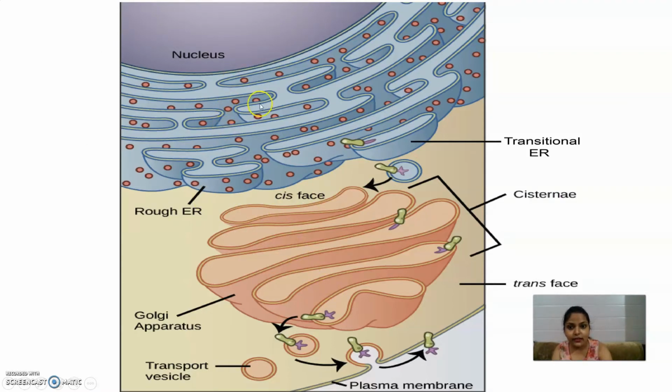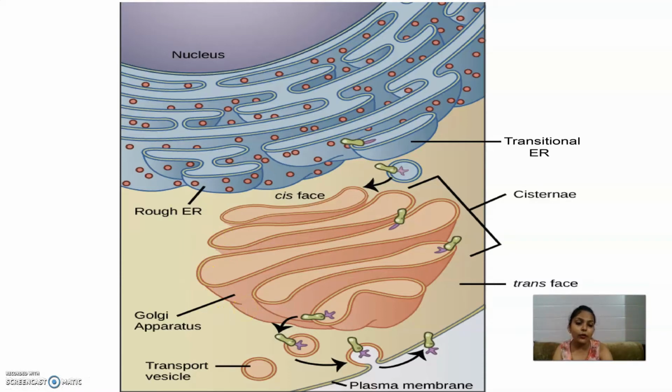In this diagram, you can see this rough endoplasmic reticulum is having the ribosomes attached to its surface. It is composed of the tubules, vesicles, and certain converted parts. Here are these COPII vesicles which are leaving from the ER membrane to this cis phase of the Golgi apparatus, and the vesicles which undergo transport from one tubule of the Golgi to the other are called COPI vesicles.